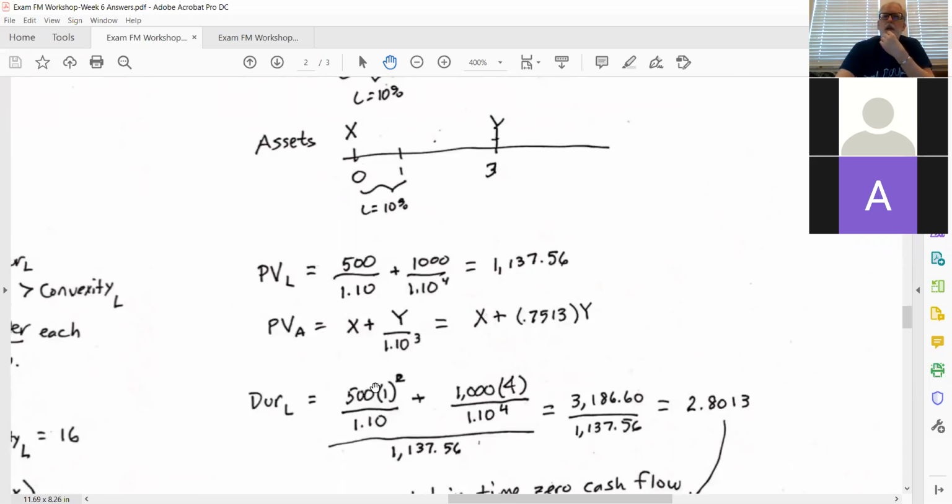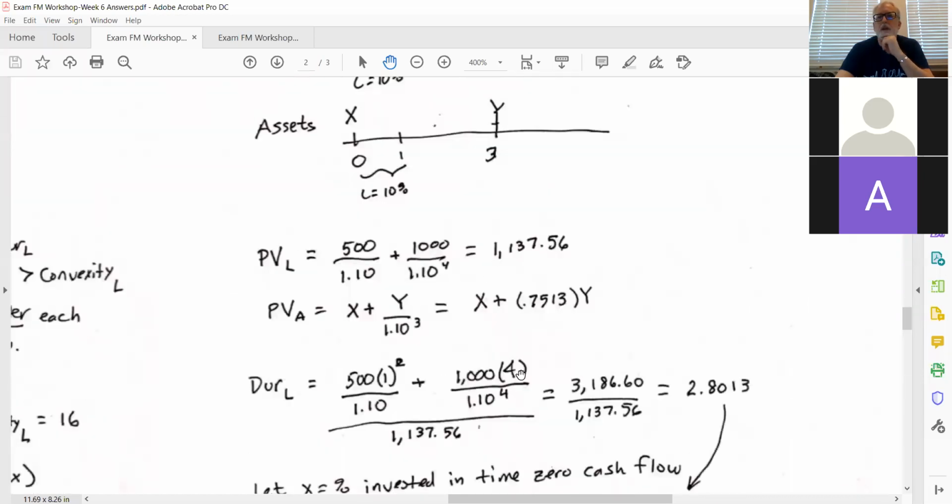And the duration of the first one, well, it comes at time 1, so it's 500 times 1. It shouldn't be squared. And then times v, plus the 1,000 comes in at time 4.